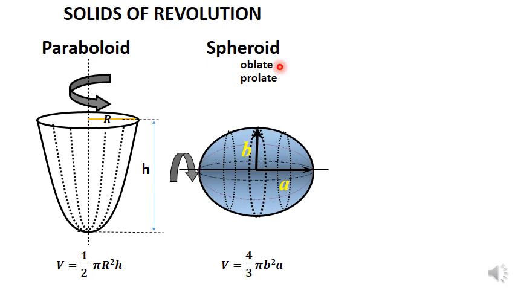If it is not an oblong solid, then it is a prolate solid. It's oblate if it looks like an egg, and it is prolate if it looks like a squash. In the case of this solid, the volume is computed using this formula, 4/3 pi r squared a.